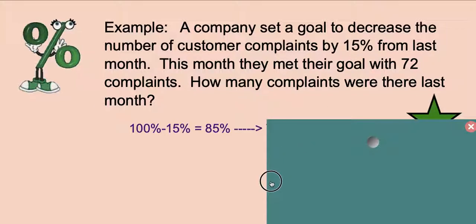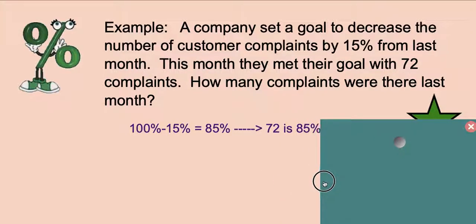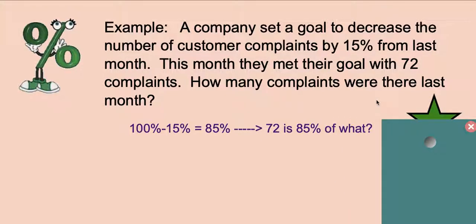What is the question? So this time we actually have a total. We have our end amount of 72 complaints. So 72 is the 85% we're looking for of some original. We are looking for the original. So there's our sentence. All right, I'm going to do this as a proportion.